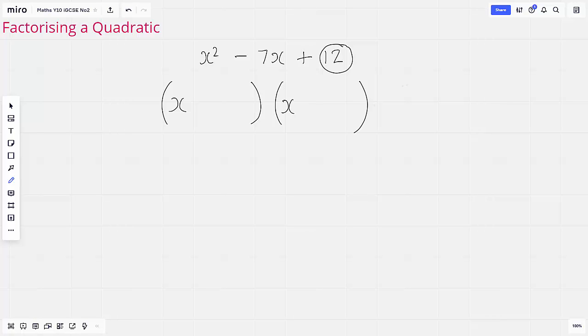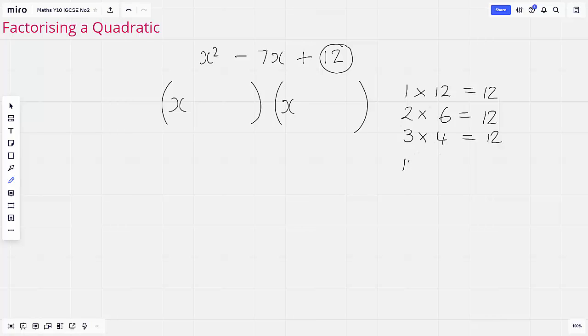So we've got, for example, 1 times 12 equals 12. We could have 2 times 6 equals 12. 3 times 4 equals 12. Now again, we could have the other cases.